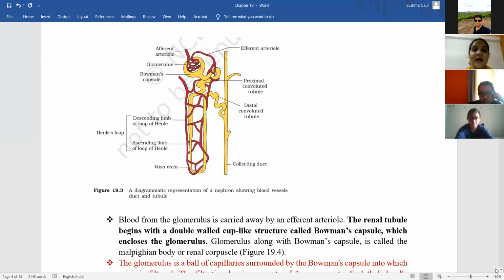Actually, I have given you the definition of vasa recta. That is correct. The mistake in this book is that they should have given a different color to the vasa recta, so it is confusing you. Actually, this is not an arteriole. The arterioles are the afferent and efferent ones, which are different. I don't think this is part of it.